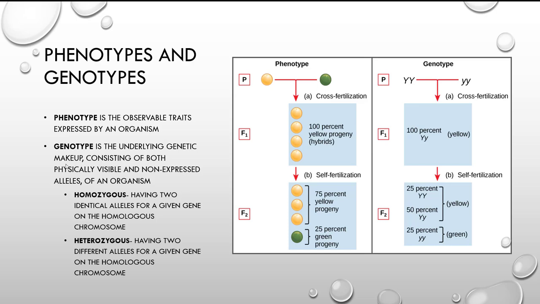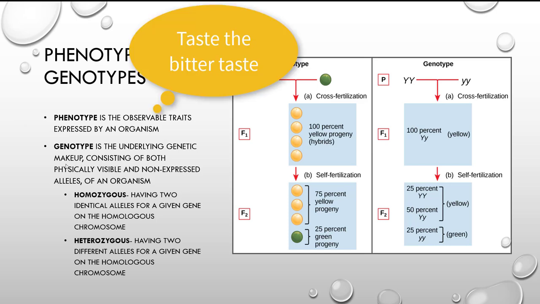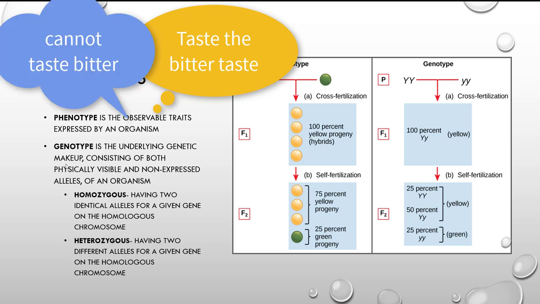So when we're looking at an actual trait, something that is observable, we call it a phenotype. So for example, in the video, the ability to taste something, that's the phenotype. So whether she could taste PTC or not, that's the phenotype.